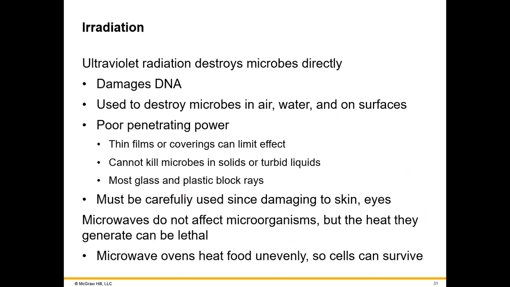Ultraviolet, the least effective of the three types of radiation, can produce direct damage in DNA by forming dimers. It is used to destroy microbes in air, water, and you have to use it in a certain way, by the way, to be effective in water, and especially effective on surfaces. It does suffer from its poor penetration power, unlike X-rays and gamma rays. So it is typically used to expose surfaces, which will eliminate microbes on those surfaces.